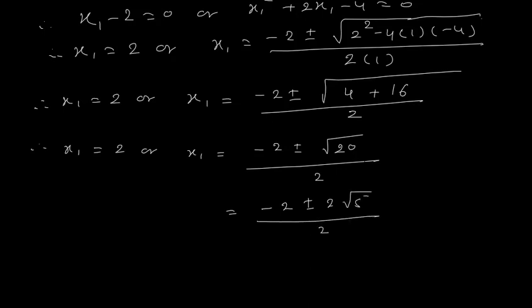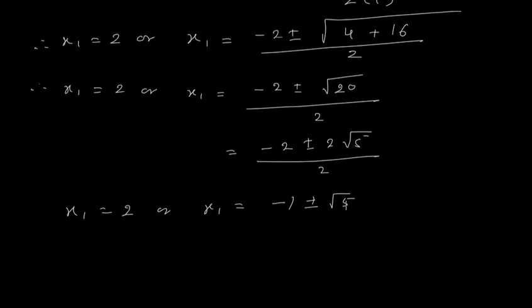So this means the value of x1 is 2 or the value of x1 is minus 1 plus or minus root 5. So minus 1 plus or minus root 5 is the value of x1.